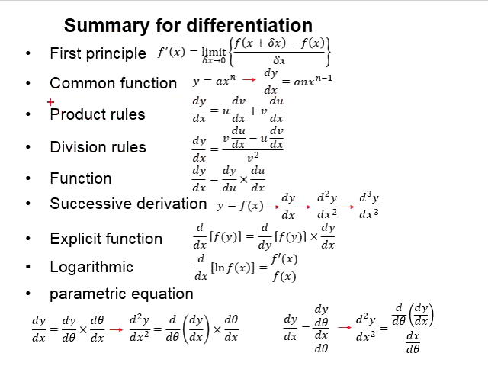The product rule is used when the functions are in a product relationship, while the division rule is used when the two functions are in a division relationship. These are the equations. For the product rule, it is u dv/dx plus v du/dx. As for the division rule, it is (v du/dx minus u dv/dx) divided by v squared.